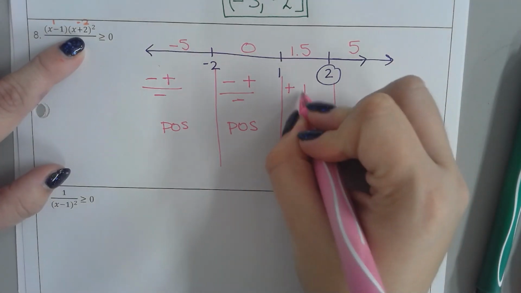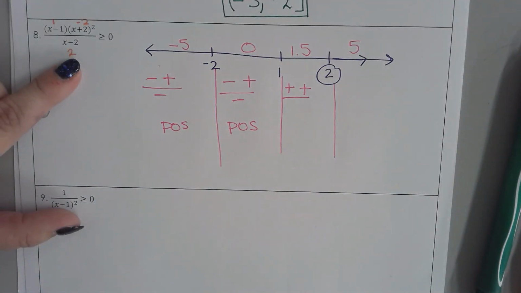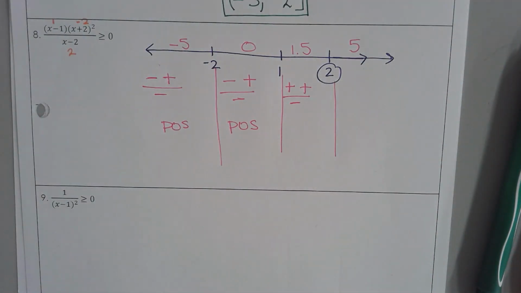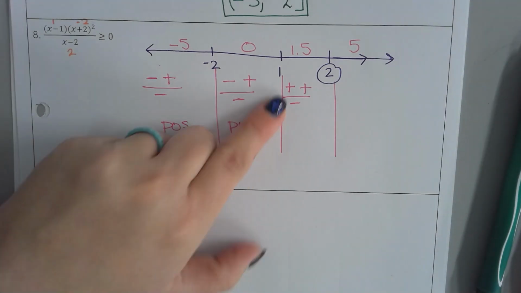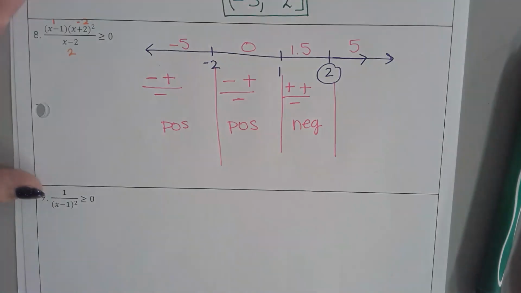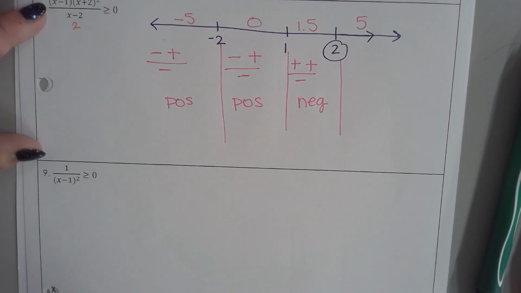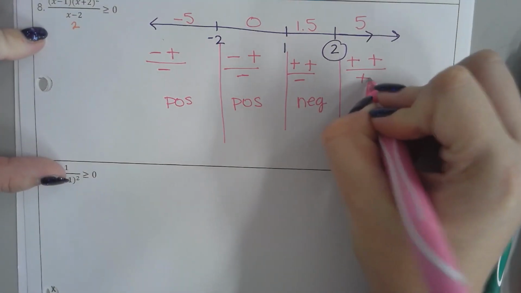Positive squared is positive. 1.5 minus 2 is going to give me a negative. Positive divided by a negative, it's a negative. And then, alright, we got 5 minus 1 is 4. Positive, positive, positive, positive.